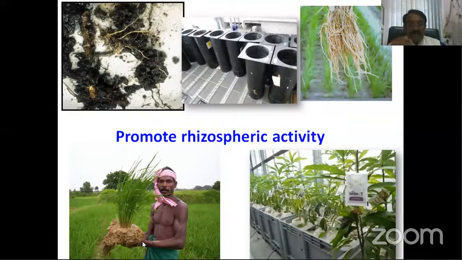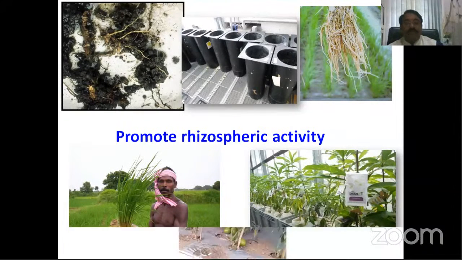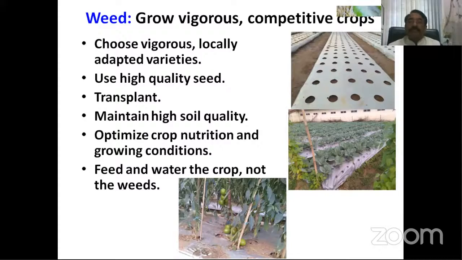Even if there is rice, alternate wetting and drying, making the conditions oxidative, the oxidation process, improves the rhizosphere activity. So that can be very helpful in the organic production system.